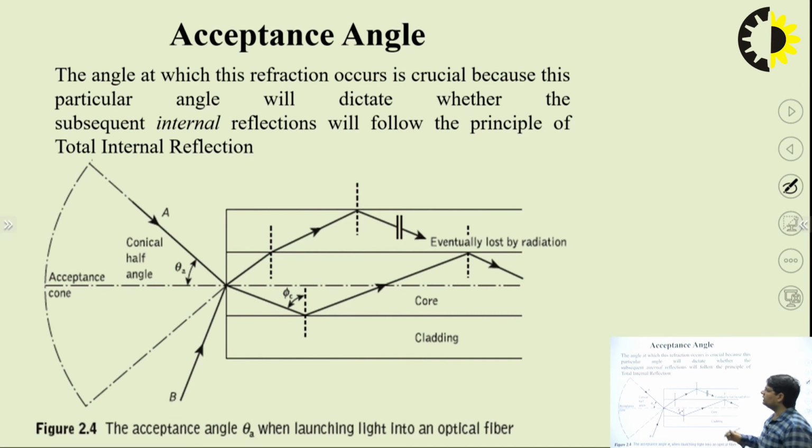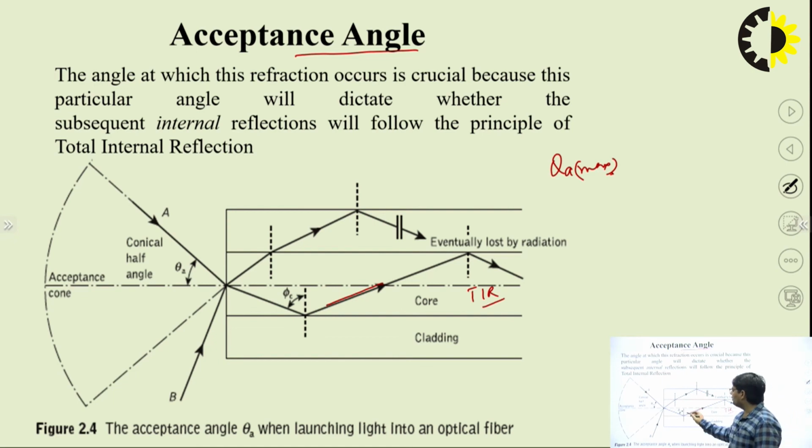Next is the acceptance angle, also known as the maximum acceptance angle, denoted as theta A max. The light inside the optical fiber cable propagates with the help of TIR, total internal reflection, but not any light entering the fiber will propagate through the cable.